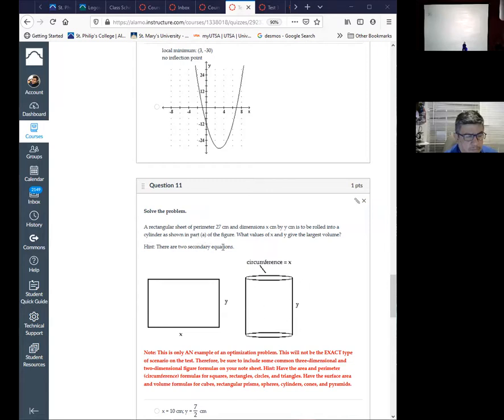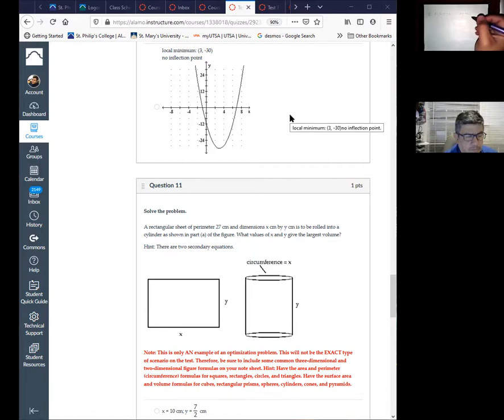That makes like a can, I guess. What values of x and y give the largest volume? Okay. Now let's write down the perimeter. Perimeter is equal to 2x plus 2y, right? P is equal to 27.